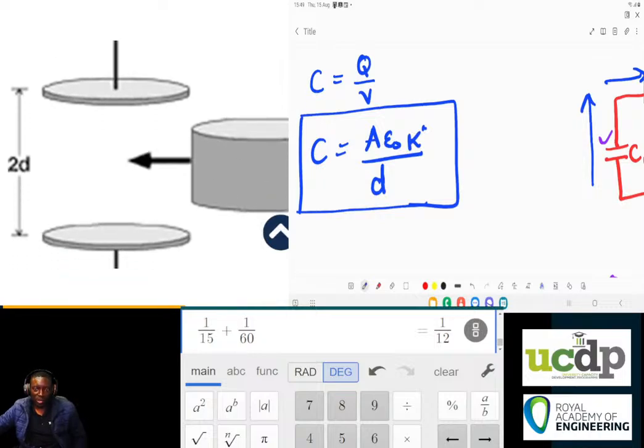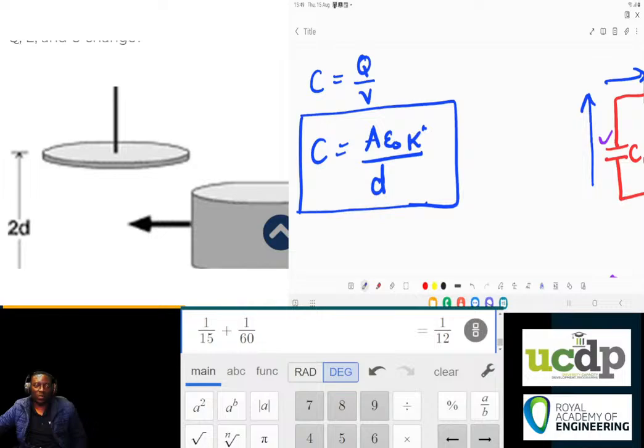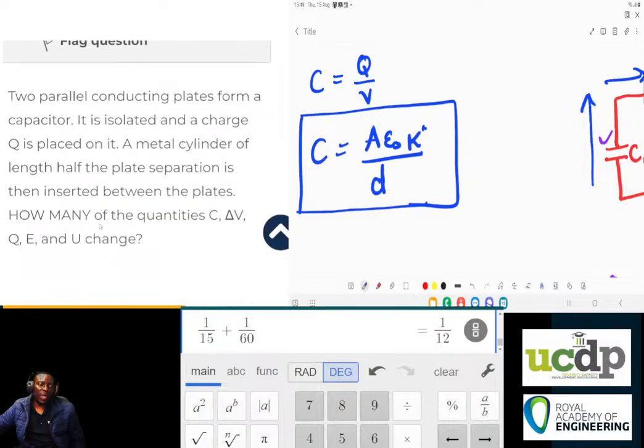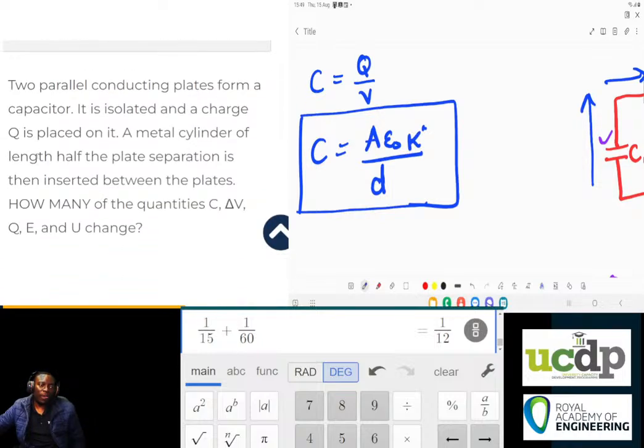So the thing to do now is to think of the voltage. For this part of the question, remember, these are conducting plates that form the capacitor, and they are isolated, meaning they are removed from a source which introduces the charge into the system.